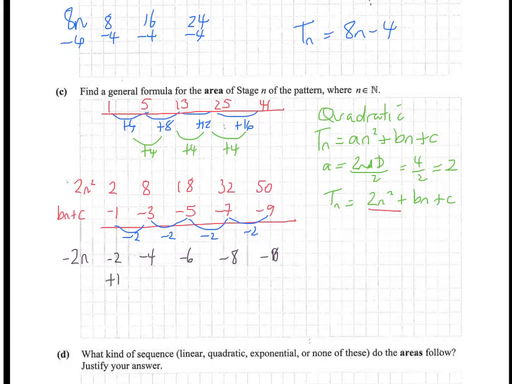To -4 we add 1 to get -3. What are we going to do to -6 to get to -5? We add 1. So we have 2n squared plus the linear bit, which is made up of -2n plus 1. So overall, we have a Tn expression of 2n squared minus 2n plus 1.